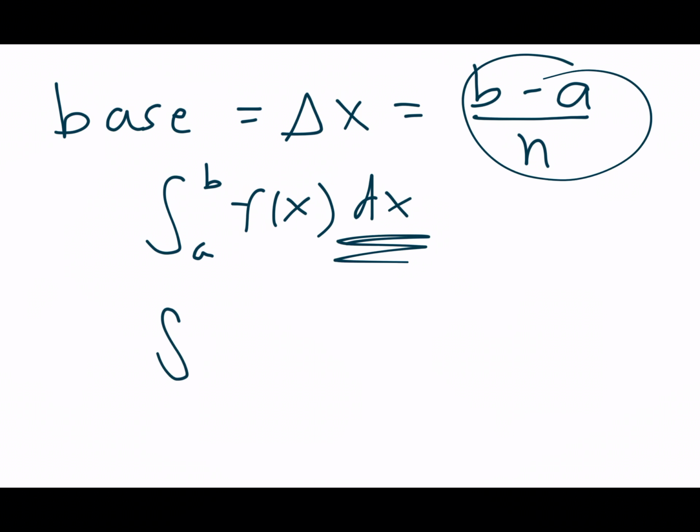So now if I flip my bounds, what's happening to my base, my delta x? It becomes a minus b over n. Okay? And what's the relationship between b minus a and a minus b? Okay, so they're opposites.